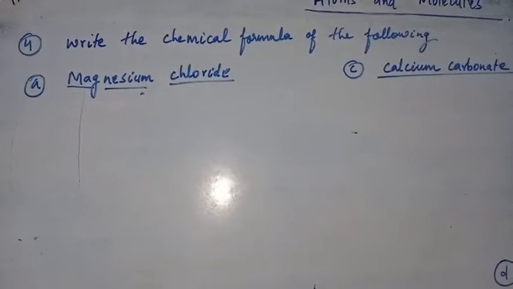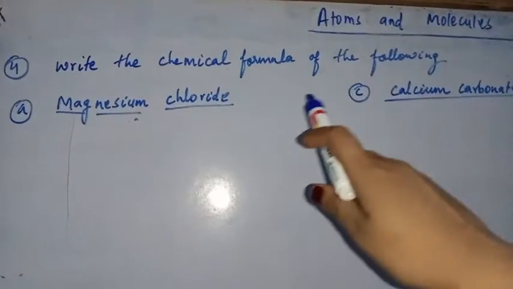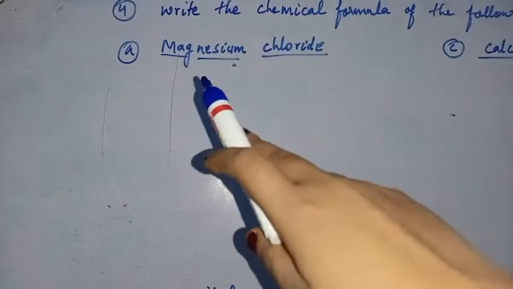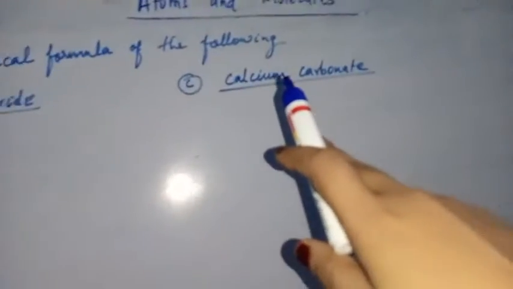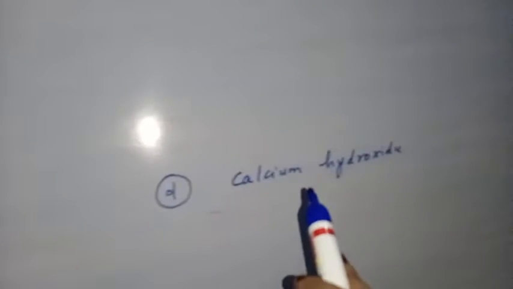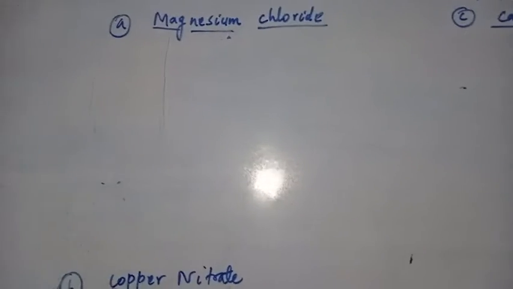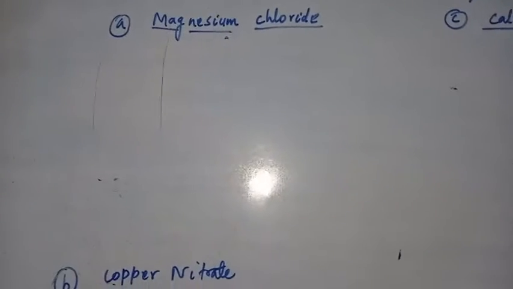We'll see the other exercise question, that is, write the chemical formula of the following compounds: magnesium chloride, copper nitrate, calcium carbonate and calcium hydroxide. Okay, so these are the compounds whose chemical formulas are to be predicted.